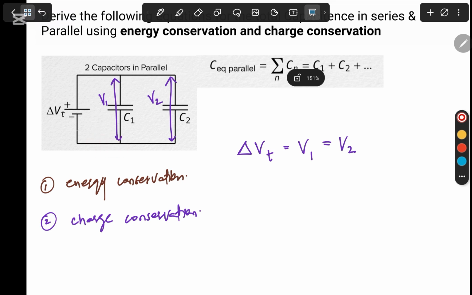We used to say the current incoming is equal to the current outgoing. It's the same thing here, where the charge is being split between both capacitors. We're not talking about current here, but this is to connect it so that you get the rationale behind it. So the total charge is equal to Q1 plus Q2.